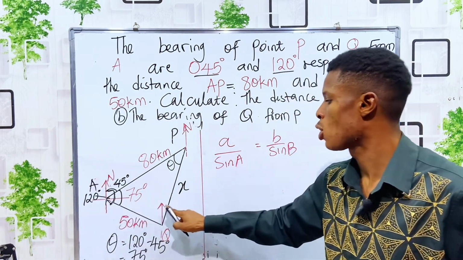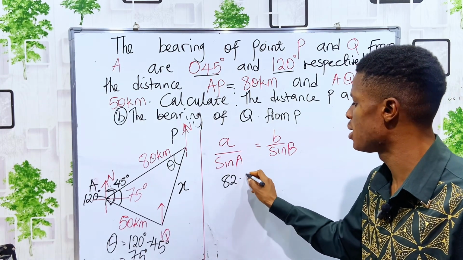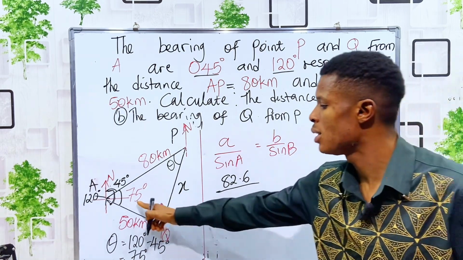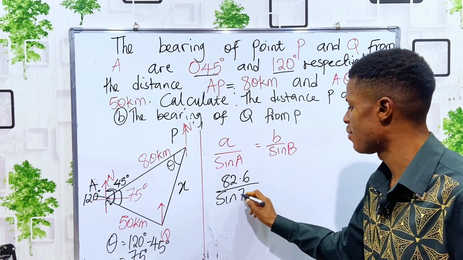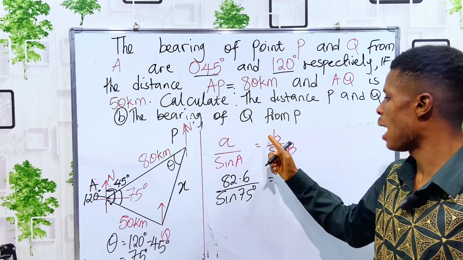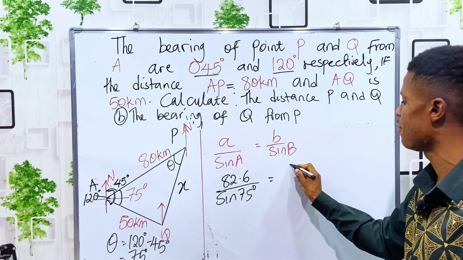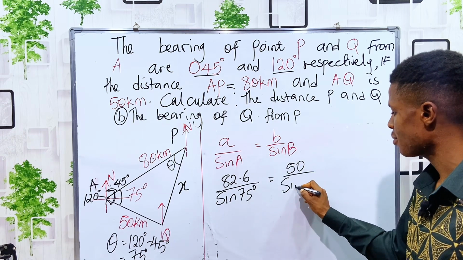But here, we are looking for this particular angle. So this side is complete. We have x, which is 82.6, divided by sine 75 degrees, equals the side 50 kilometers over sine theta.